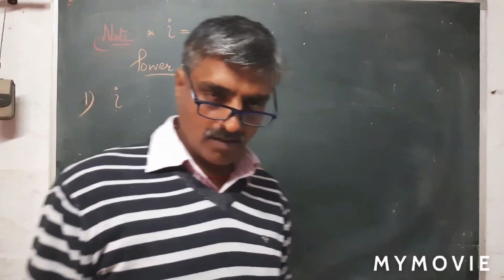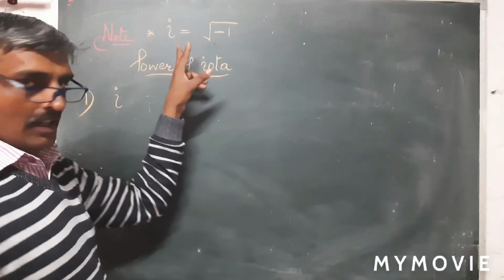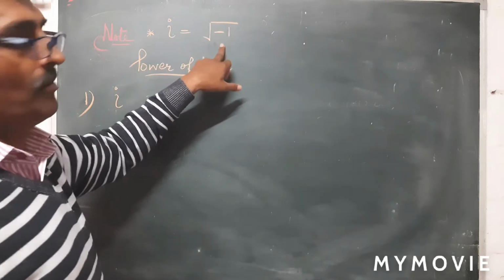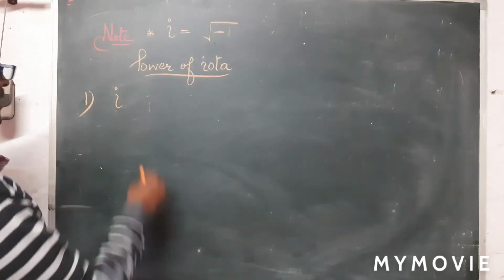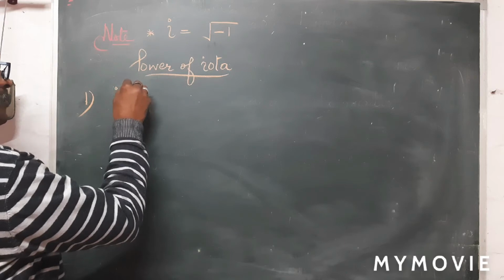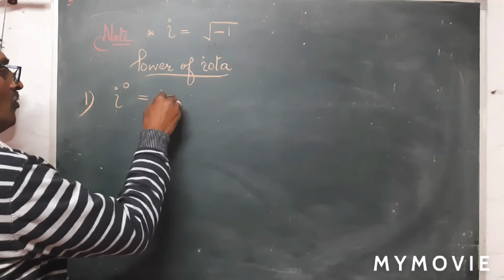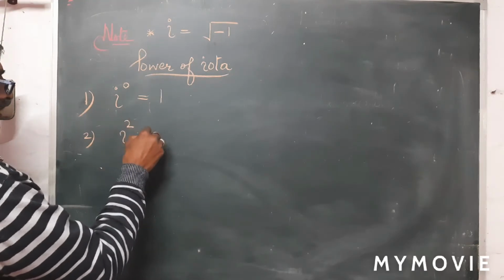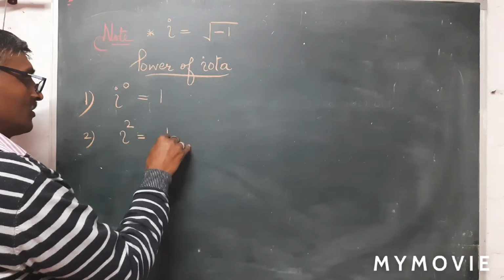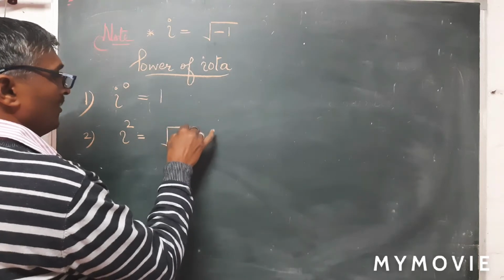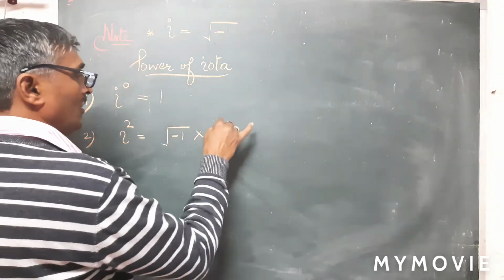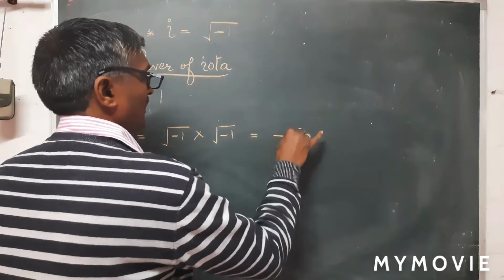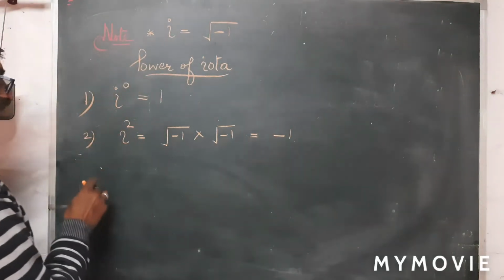Now let us learn about iota. Iota is equal to the square root of minus 1. Now the power of iota: iota to power 0 is always equal to 1. Note. Second, iota square is minus 1 into the square root of minus 1, that is minus 1.